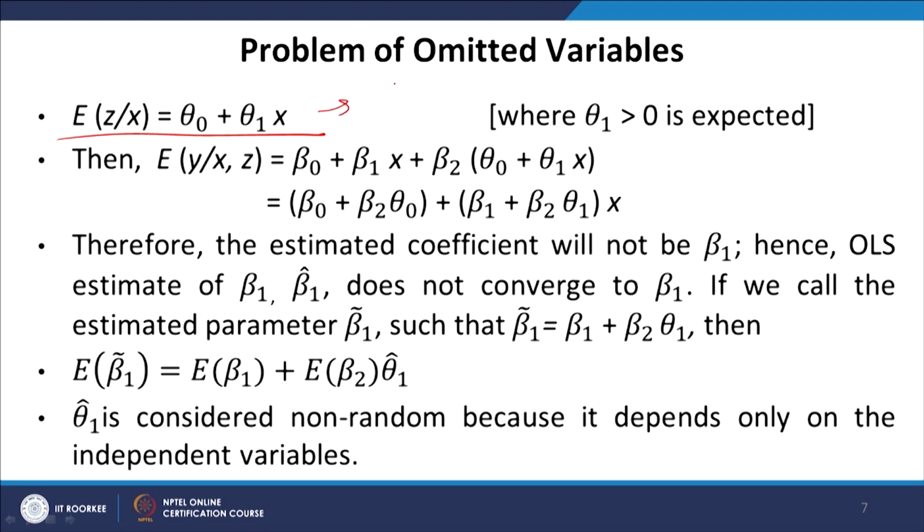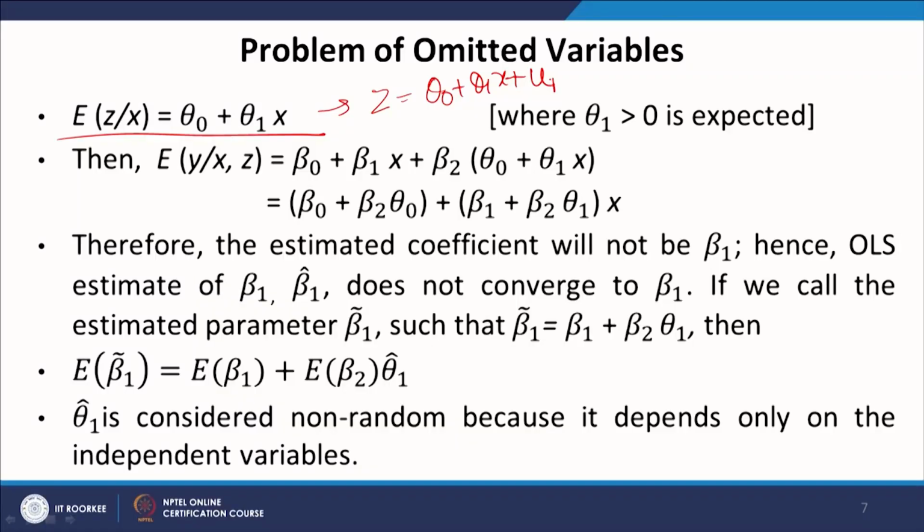Alternatively, this can be written as z is equal to theta naught plus theta 1 x plus u1, where we denote the error term by u1 in order to distinguish it from the original model error term. Now, theta 1 is greater than 0, which is what is expected, because as education increases, ability also increases.